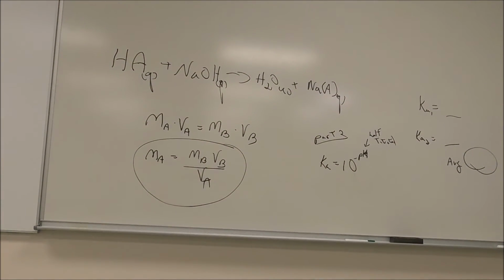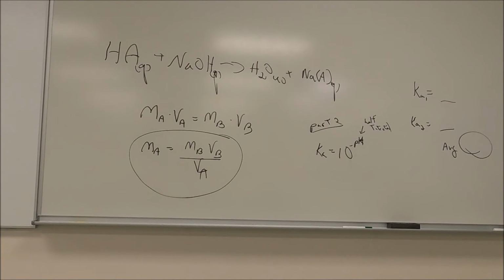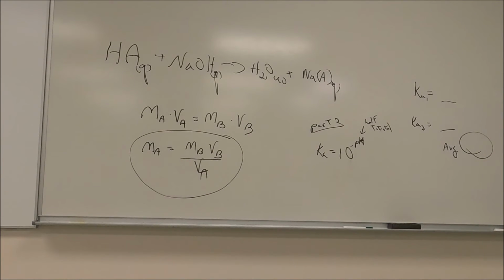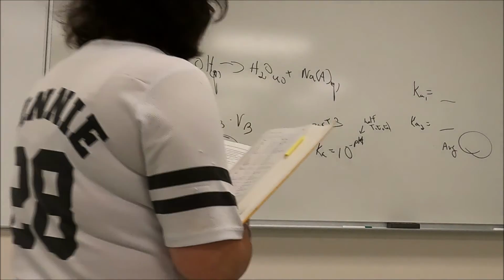I'm pulling my book out from underneath you so that I can look at the Ka values. Okay, come on, Ka table. You could have the following acids.